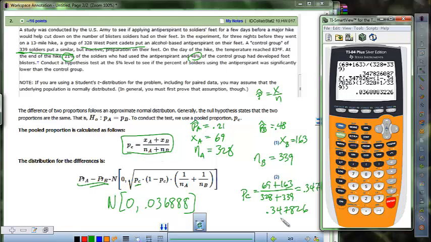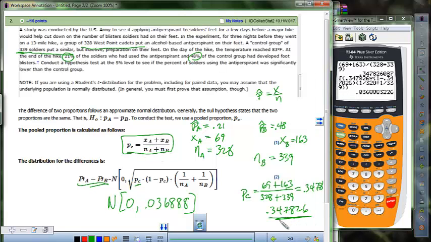If the actual answer is asking for 4 decimal places, then you'd better go at least 5, maybe 6 decimal places for your intermediate calculations. So doing 4 decimal places in the intermediate calculations is not going to give you 4 decimal places accuracy in your end calculation, so we have to be careful about that. Alright, I hope this helps.